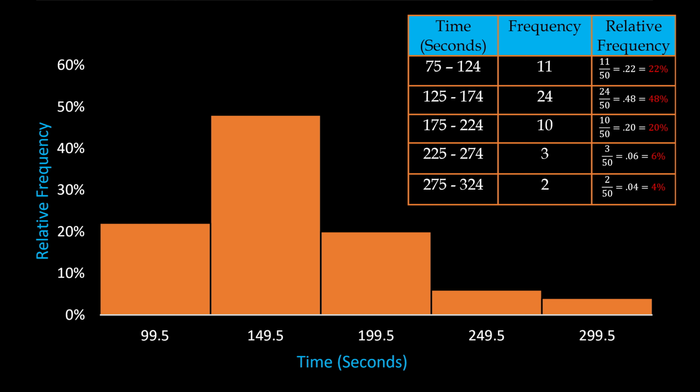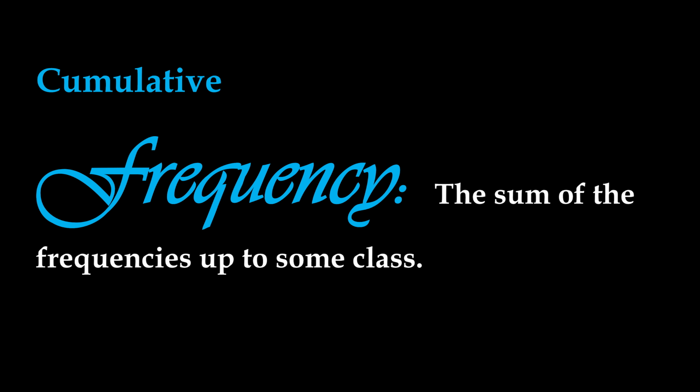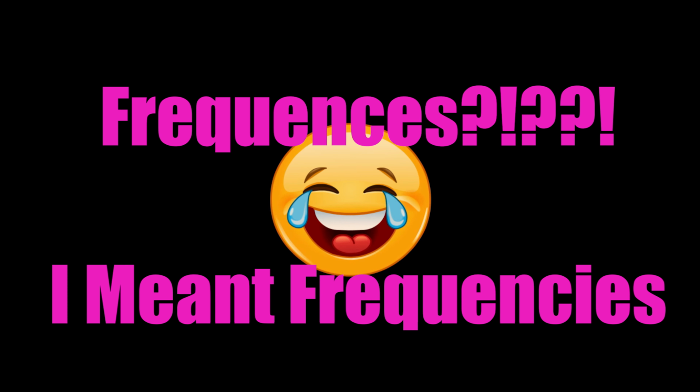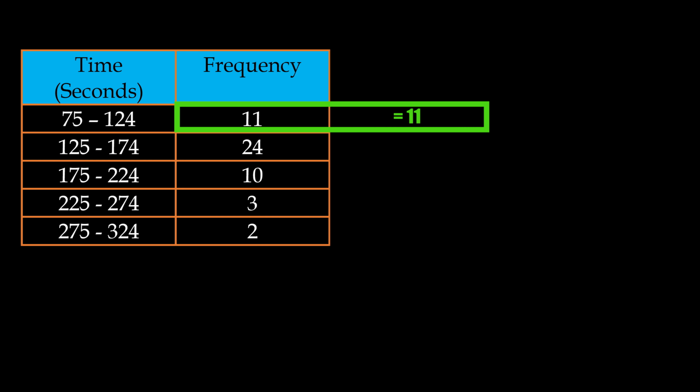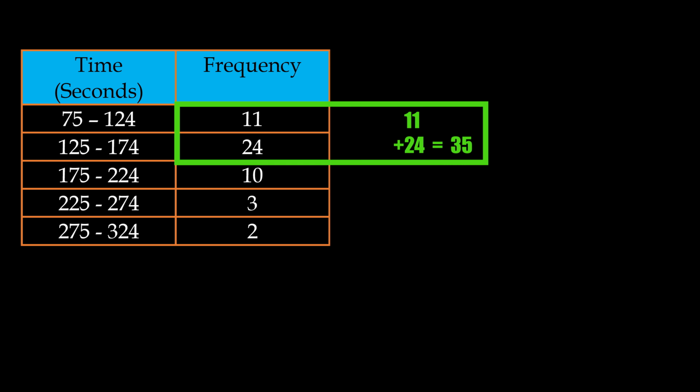Another way we can display information on a frequency distribution is with a cumulative frequency distribution. Cumulative frequency means the sum of all frequencies up to some instance. The total frequency up to my first class is 11. The cumulative frequency up to my second class is 35.